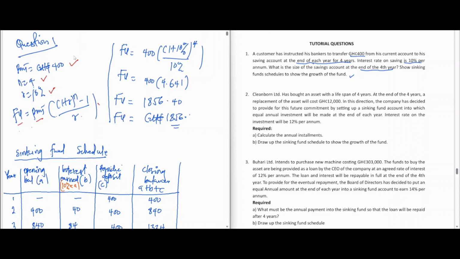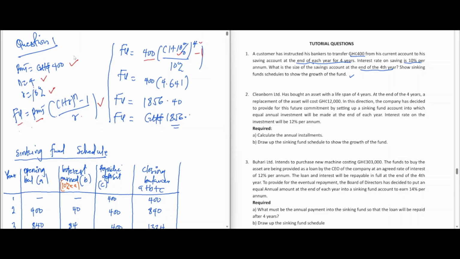We use the future value annuity formula to get the size of the fund at the end of the 4 years. So our yearly deposit is 400 Ghana cedis, times bracket open 1 plus 10% to the power 4 minus 1, all over 10%.